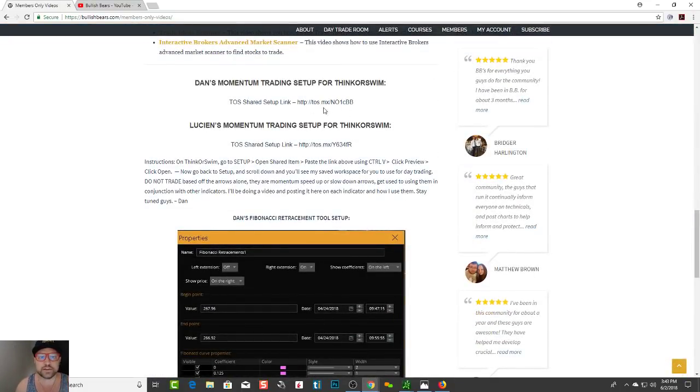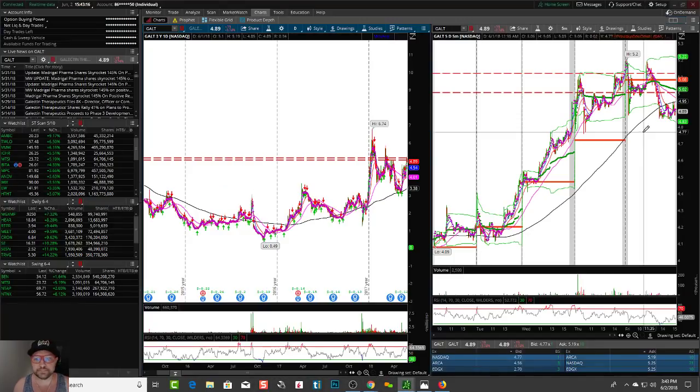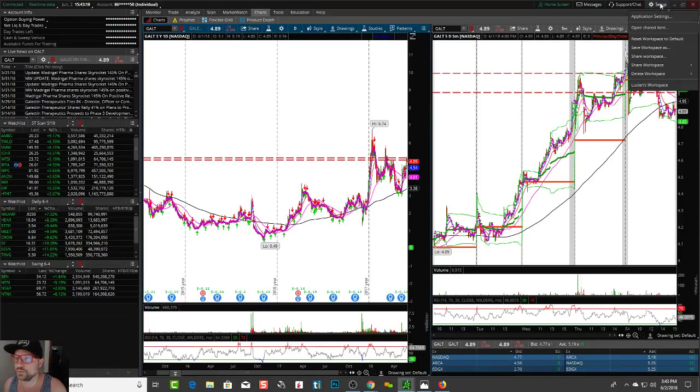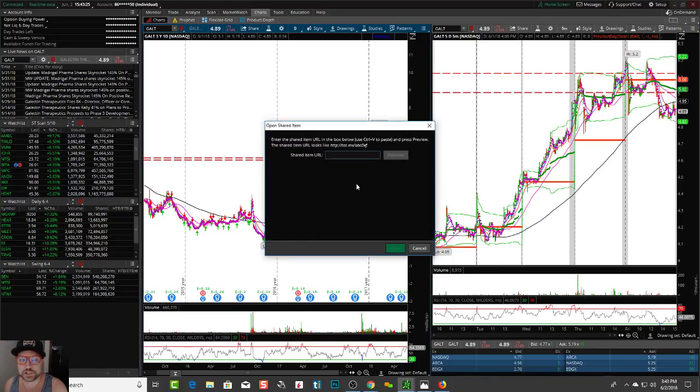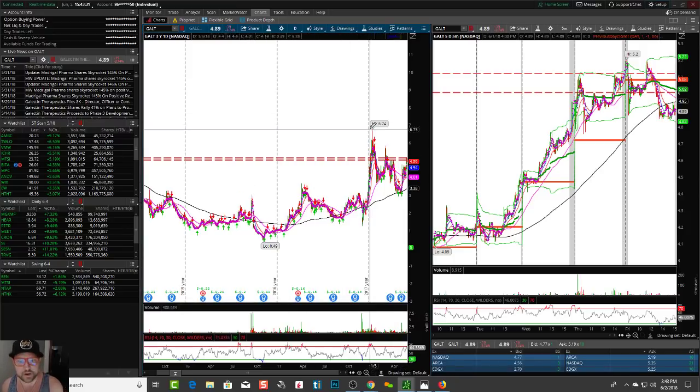So if you copy this link right here, you'll see Dan's link and you'll see mine over here. If you highlight it, copy it, and then go over into Thinkorswim and go to, I think it's Setup and Open Shared Item, paste the link in here, and then you should be able to import it and have our layout, right? So that's as far as the layout goes.